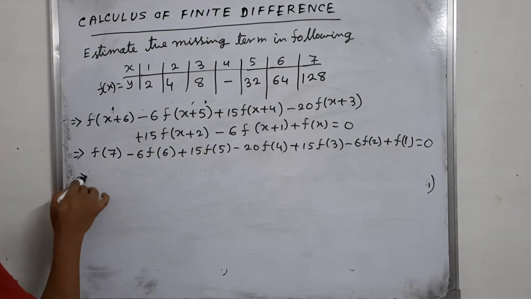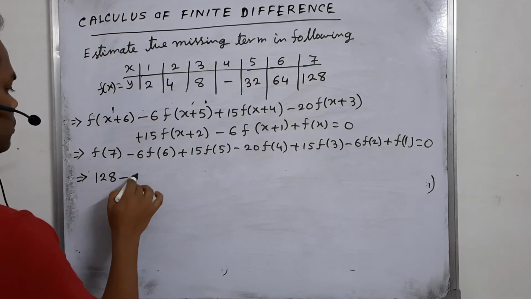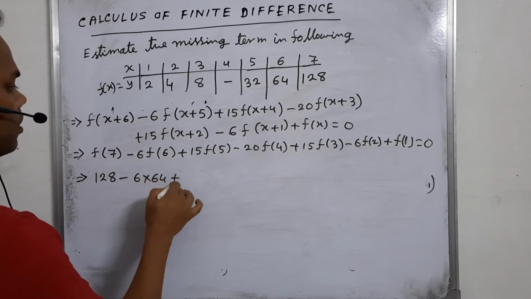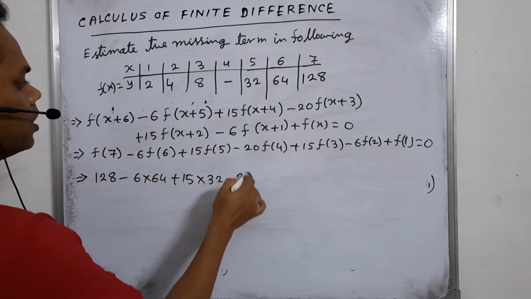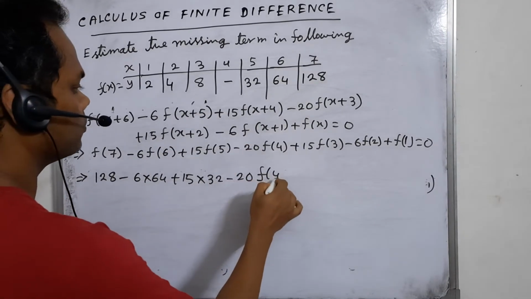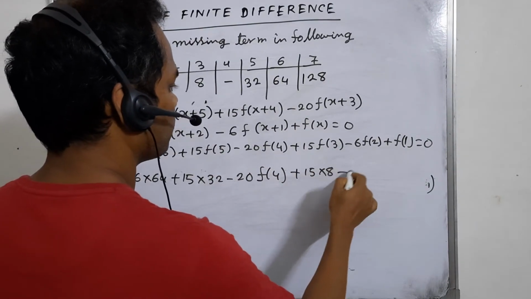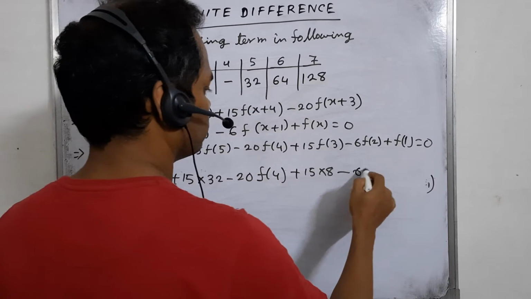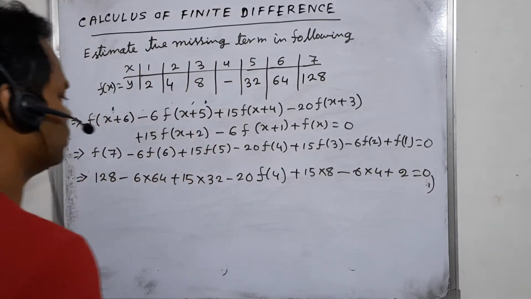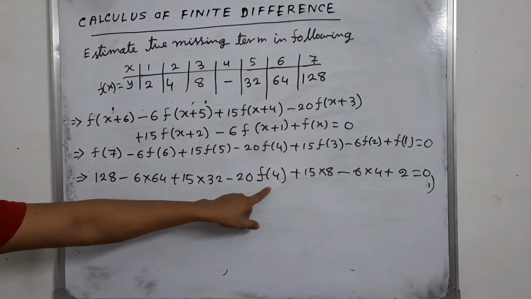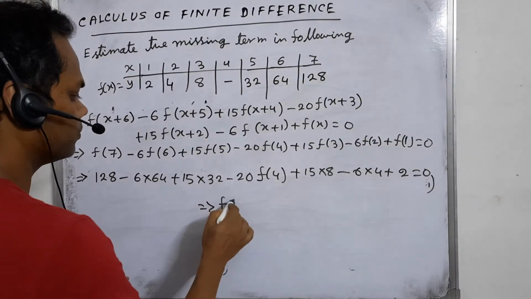Now you see that f7 is 128, f6 is 64, f5 is 32, f4 is unknown, f3 is 8, f2 is 4, and f1 is 2. Now there is only one unknown, f4, and from the remaining part we can find f4.